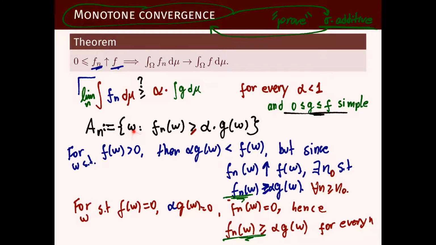So once omega belongs to An for some n, it will continue to belong to An for larger values of n as this function Fn is increasing. So all this argument below here is just to say that this set increases, and it increases to omega. And we can say it increases to omega because for every little omega, we are eventually in that set.